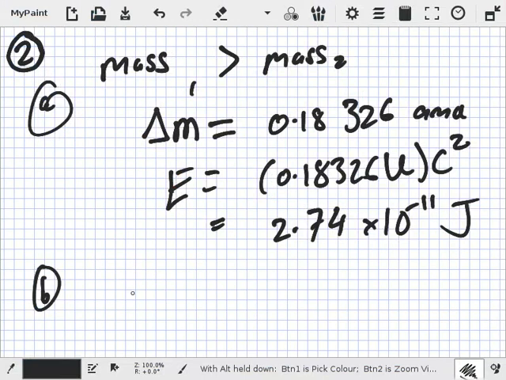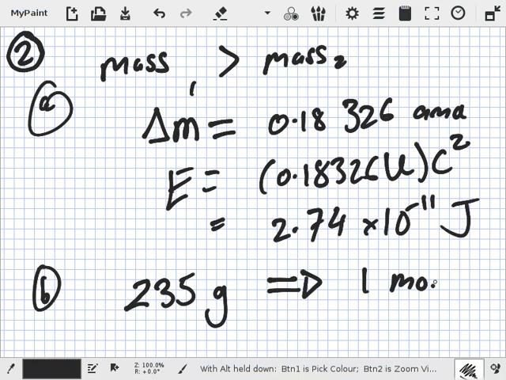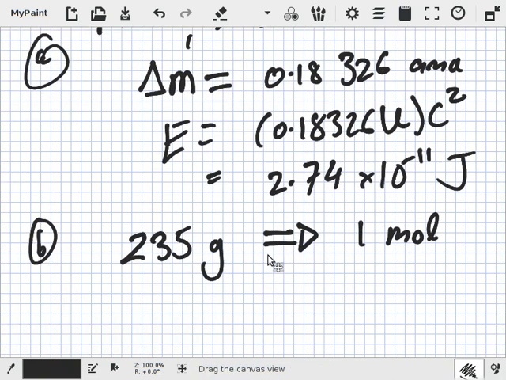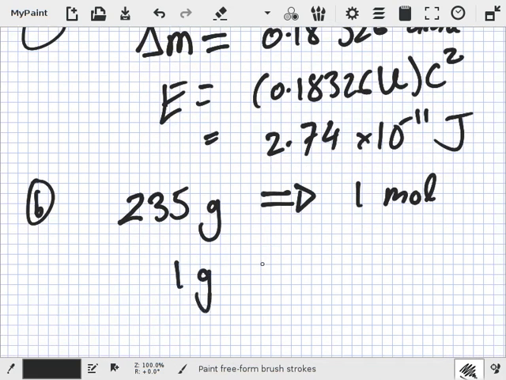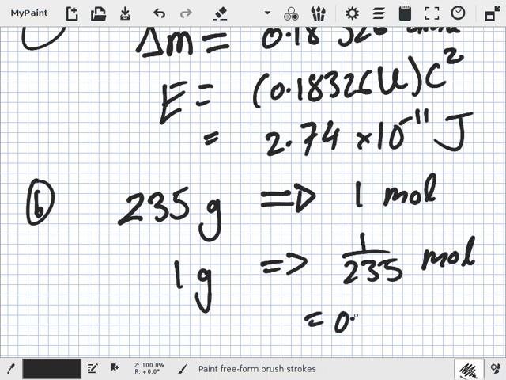Well, uranium-235, roughly speaking, from chemistry, means 235 grams corresponds to a mole of uranium. So 1 gram would correspond to 1 over 235 moles of uranium, which is 4.26 by 10 to the -3 moles. Okay, that's grand.